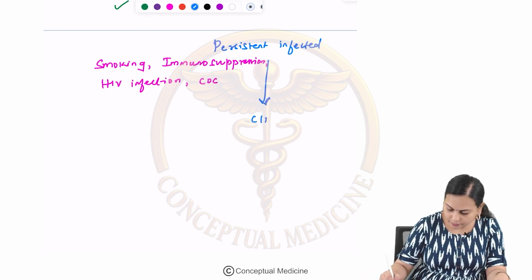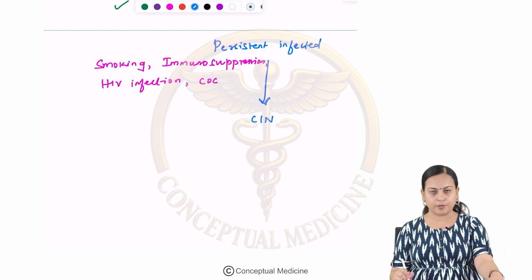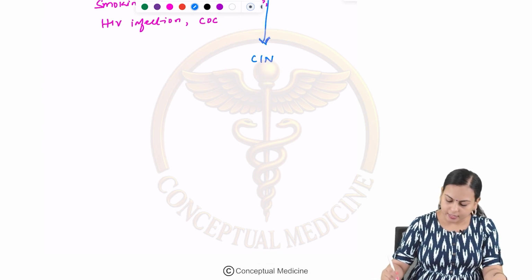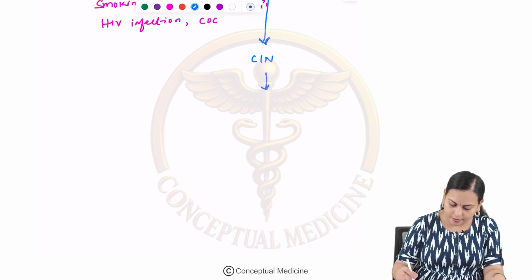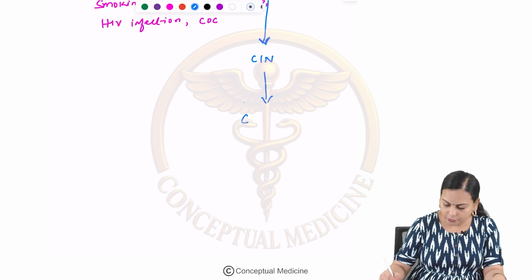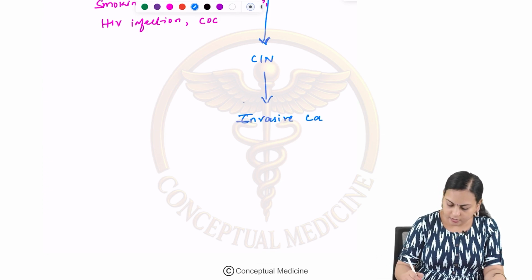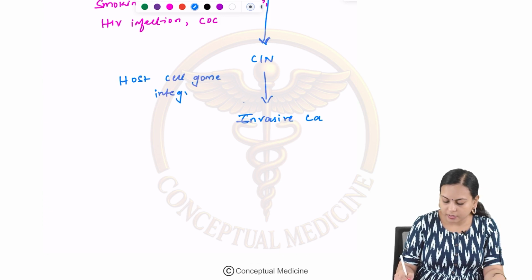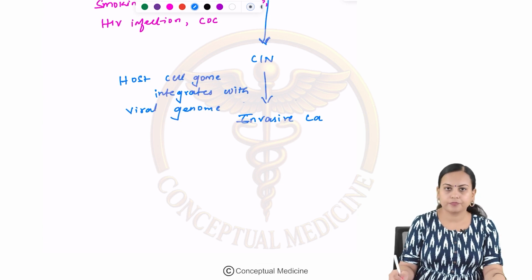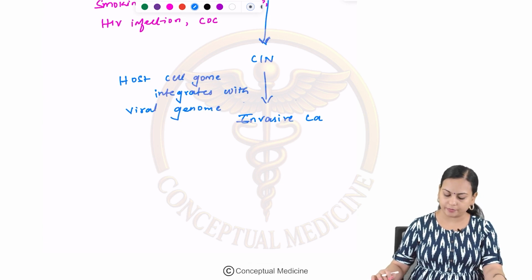These lesions will be converted into cervical intraepithelial neoplasia, and finally into invasive carcinoma when the host cell genome integrates with the viral genome. Clear? So, this is how it is going to happen, right?